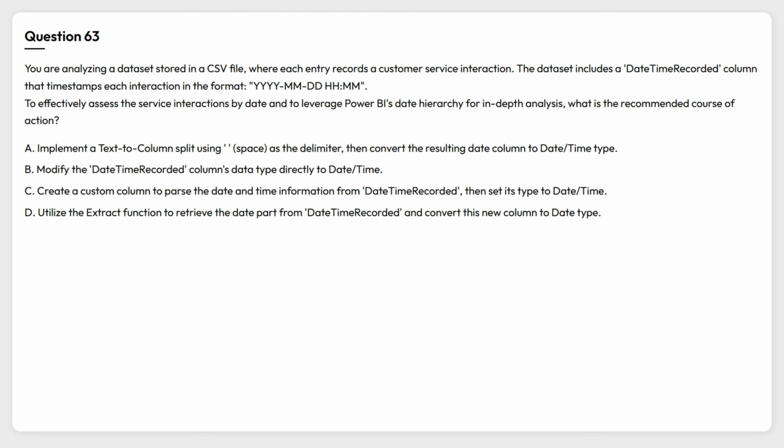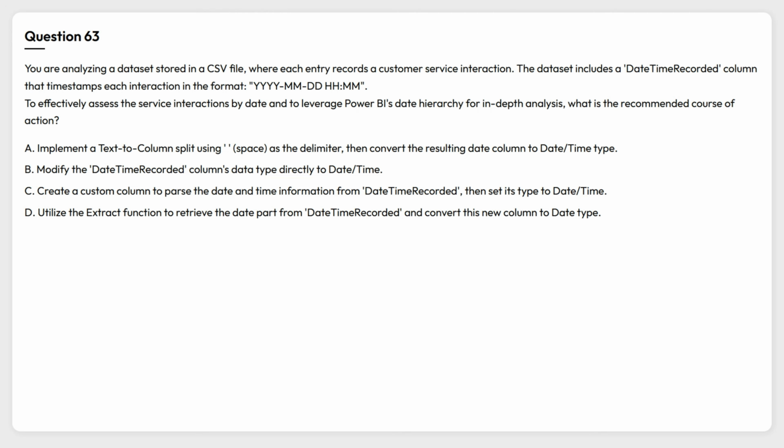Option A. Implement a text-to-column split using space as a delimiter. Then convert the resulting date column to date or time type. Option B. Modify the datetime recorded column's data type directly to date or time.